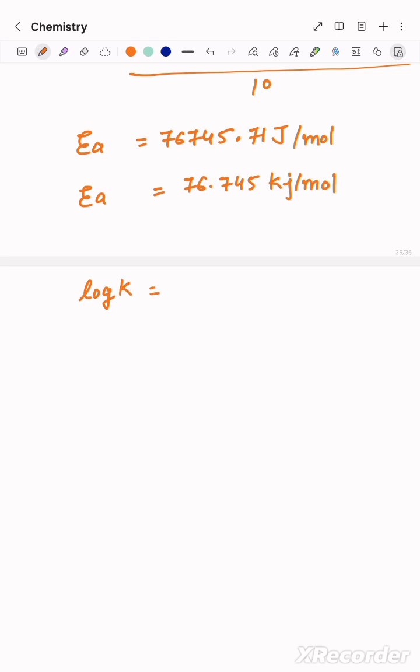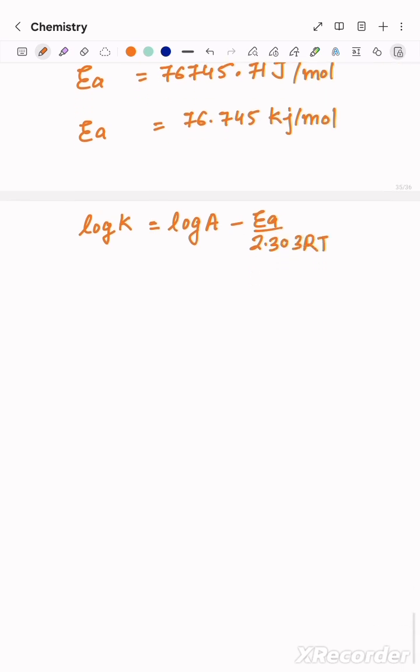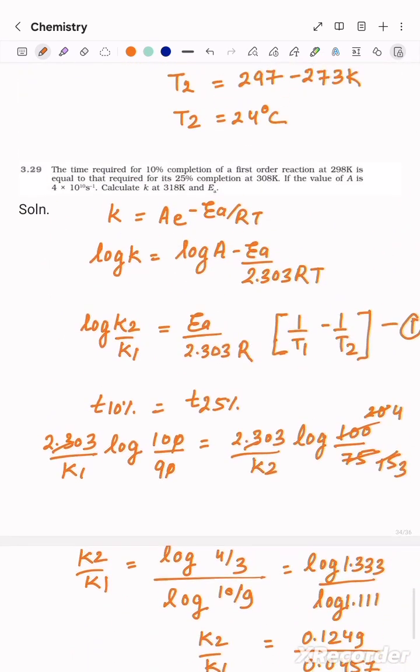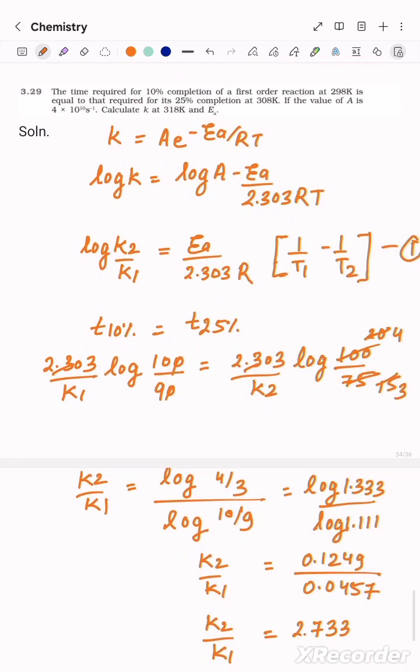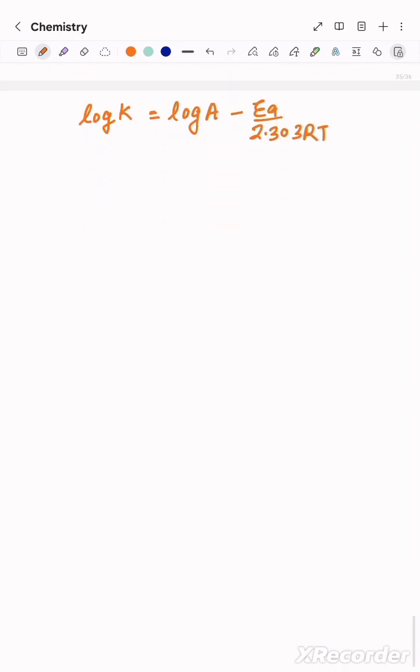log K is equal to log A value minus EA by 2.303 RT. So we have to calculate the log K value, as the question is given: calculate K at 318 Kelvin.